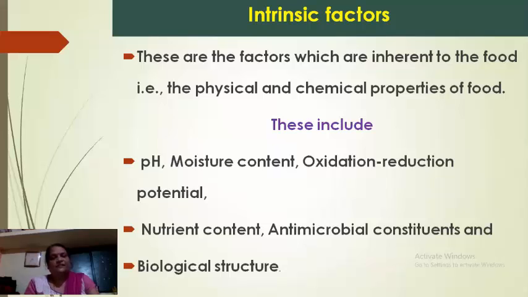Means actually these factors constitute the physical and chemical properties of the food. These include pH of the food, moisture content of the food, OR potential of the food, nutrient content of the food, antimicrobial constituents, means antimicrobial compounds that are associated with the food, and the biological structure of the food.